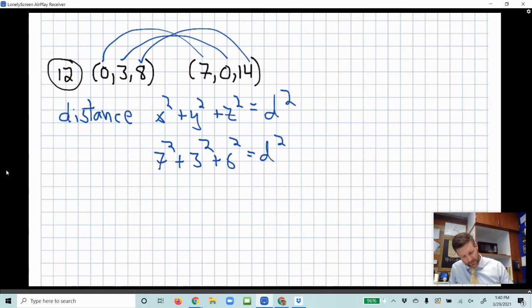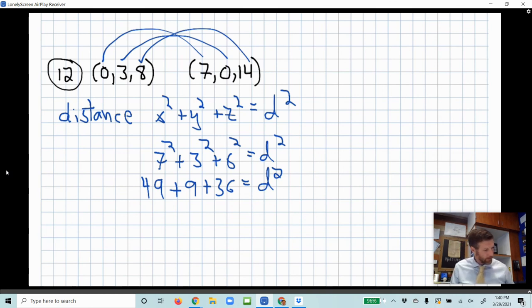So let's solve this. 49 plus 9 plus 36 equals d squared. If I add all of those up together on my calculator, I get 94. So 94 equals d squared.